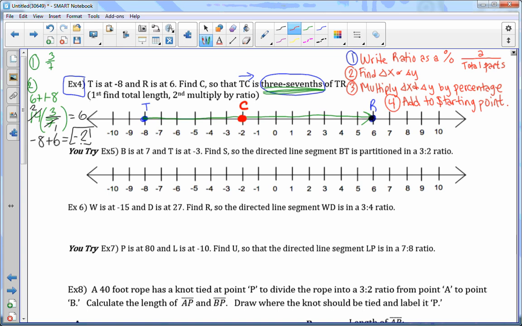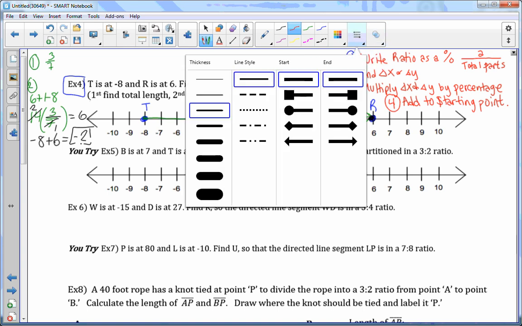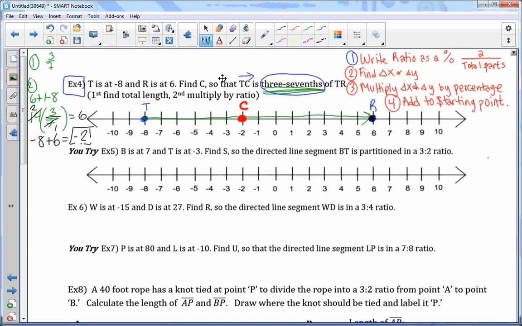And if you want to analyze and make sure you actually put it in the right place, 3/7 is the same as 6/14, right? And it's times the 3 by 2 and times the 7 by 2, because I knew this was 14 units long. So if I take every 2, how many units of 2 do I have until I reach C? 3.